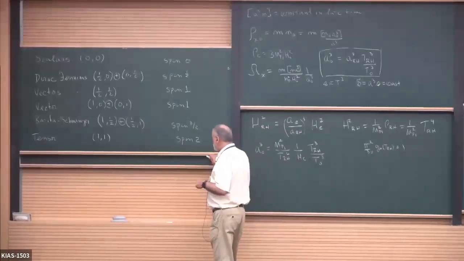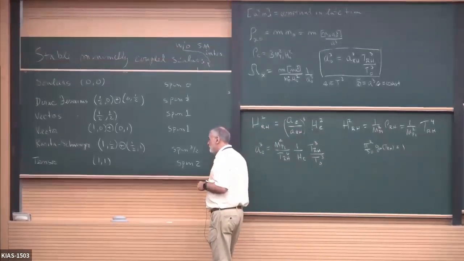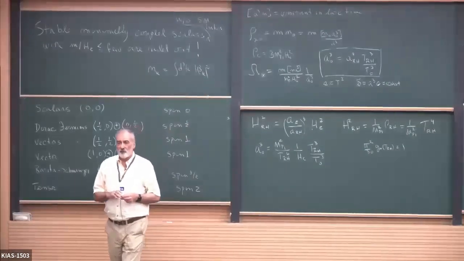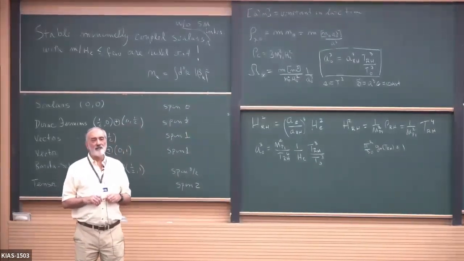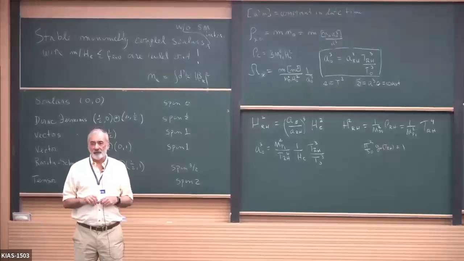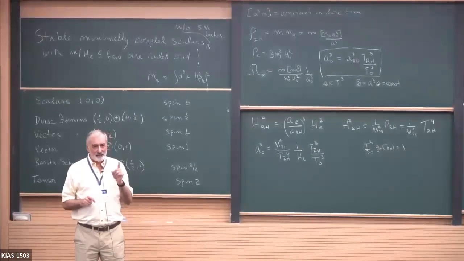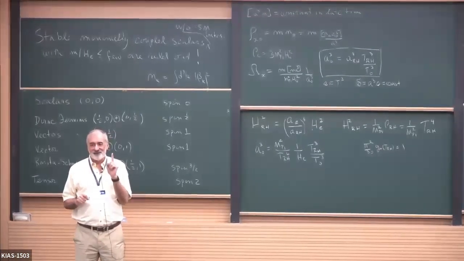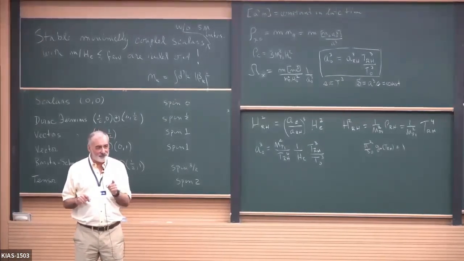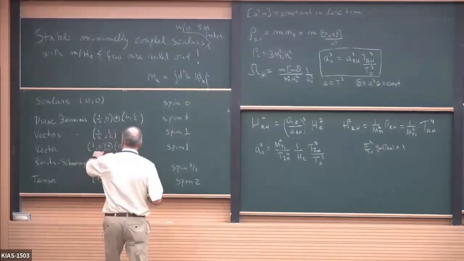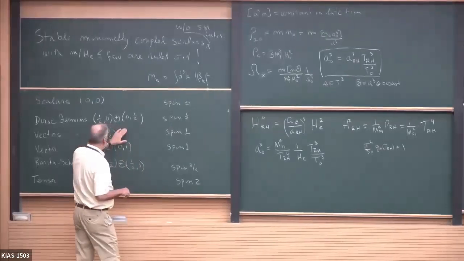So scalars are familiar to people. And I can remember when there were exactly 0 fundamental scalars that had been discovered. But since 2013, we've discovered exactly 1 fundamental scalar field, and that's the Higgs field. Fermions, Dirac fermions, people are familiar with.